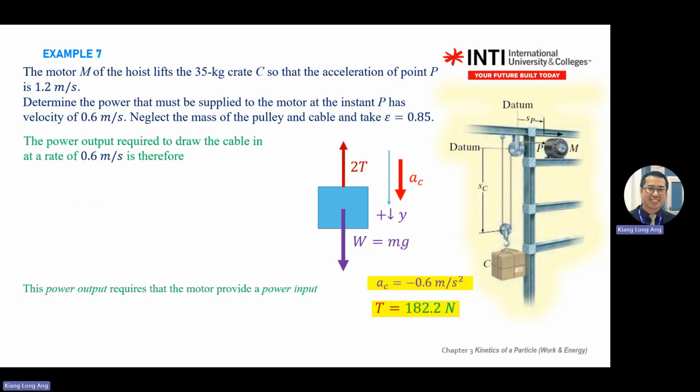you need to go back to the power already. You have done all the forces, then you go back to the power equation. You're given the power and efficiency. Okay, power output required to pull at the rate of 0.6. So power of this motor is force multiplied by velocity.